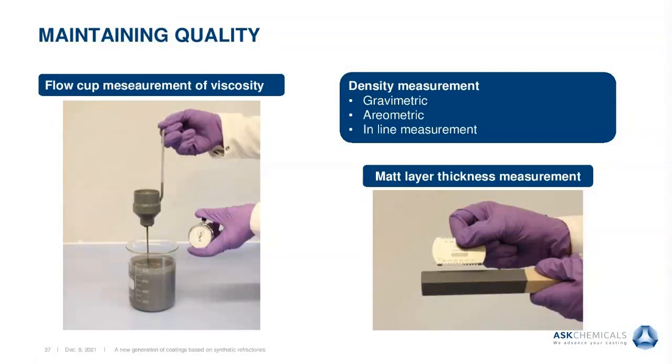So therefore, we always recommend 2 measurements, the flow cup for the viscosity and the density, which give you an indication for the solid content or for the amount of refractories you have in the coating. I hope I answered the question well enough.